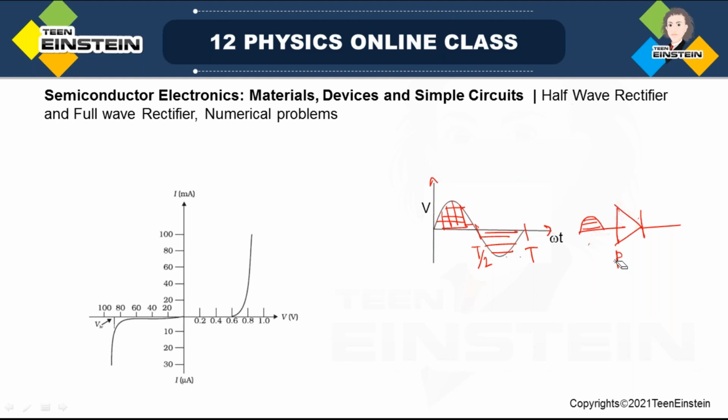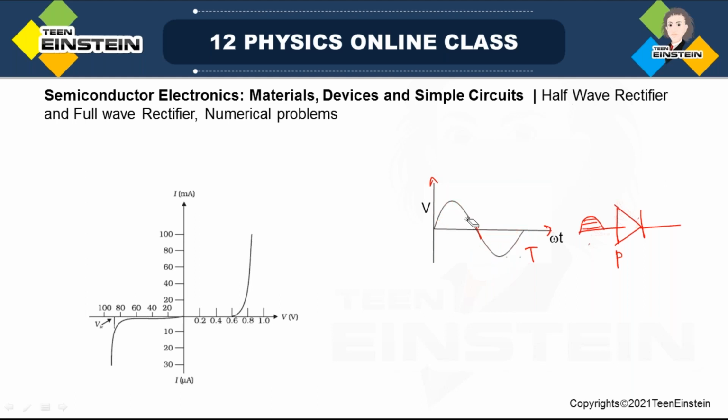So this is the property we are going to use to make this AC signal a unidirectional signal, or alternating signal to DC signal.